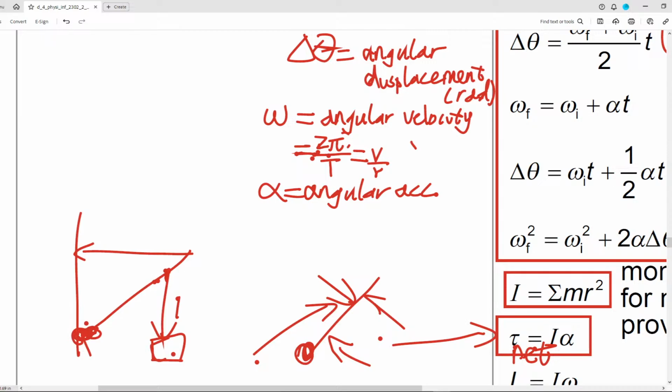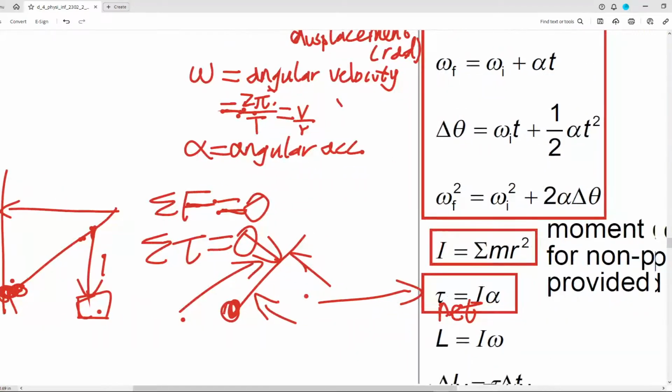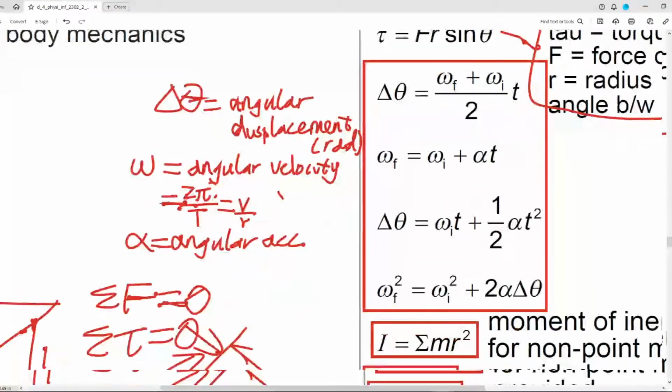So you'd use that the sum of all forces is 0, but the sum of all torques is also 0. If you use that, you can solve the system and find the strength of each force. So that's what's usually associated with this.